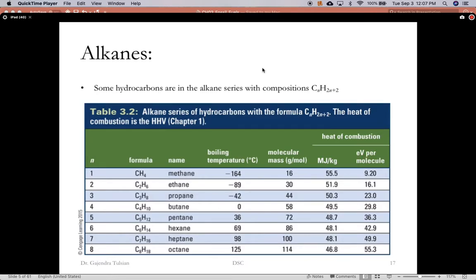This column shows you the energy in units called electron volts per molecule. You can see that the greater the number of carbon atoms, the greater the energy per molecule. But the greater the number of carbon atoms, the heavier the molecule gets, and then the energy density decreases. But per molecule, you're getting more energy.